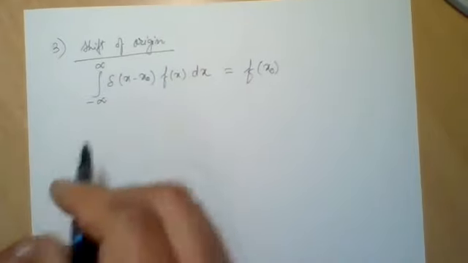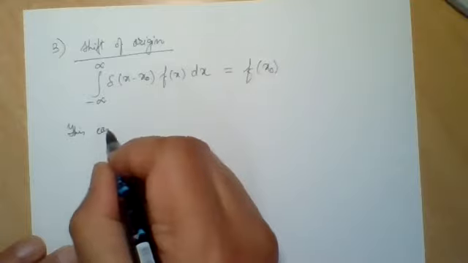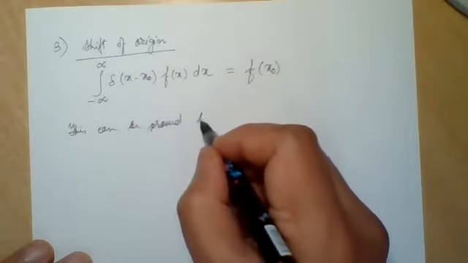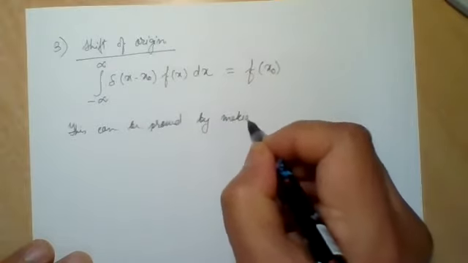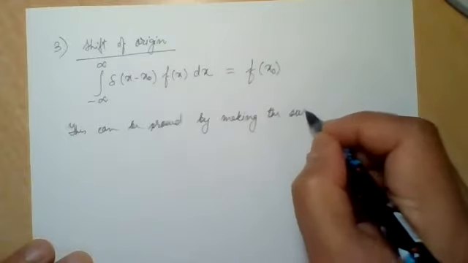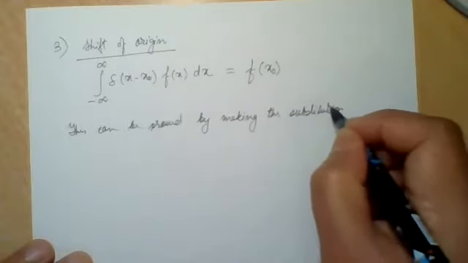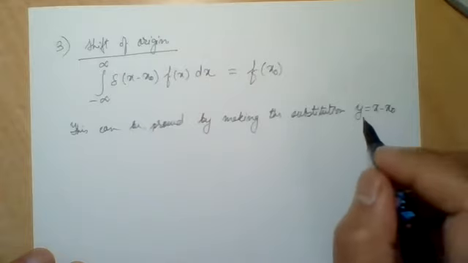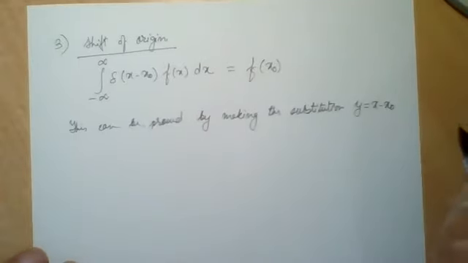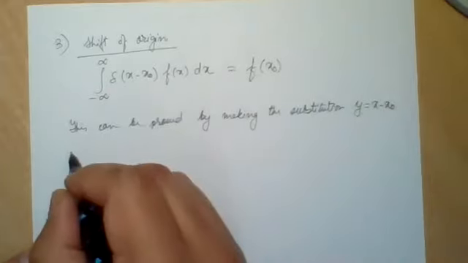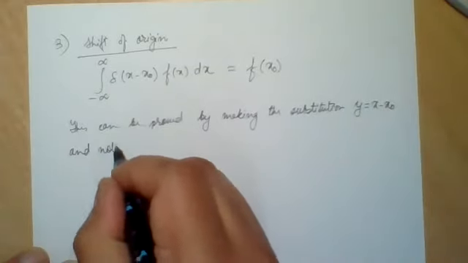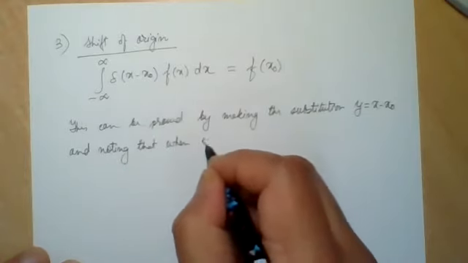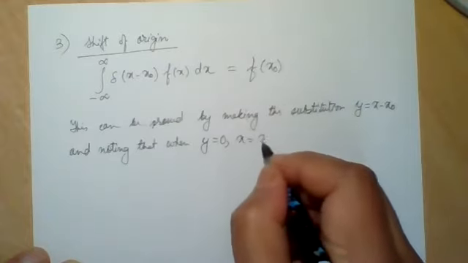And this can be proved by making the substitution y equal to x minus x0 and noting that when y is equal to 0, x is equal to x0.